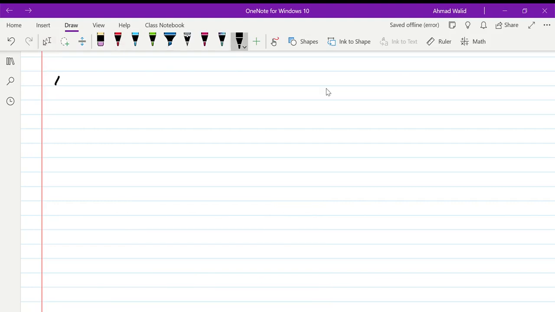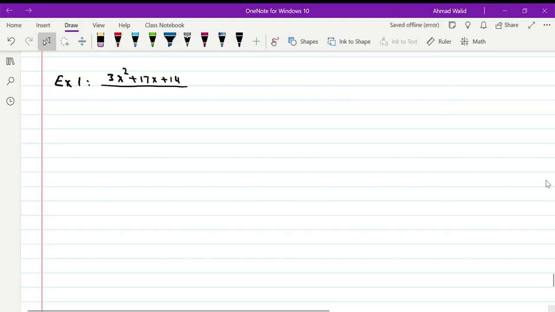Example number 1. Example number 1 is 3x squared plus 17x plus 14 all over x minus 2 times x squared plus 2x plus 4.